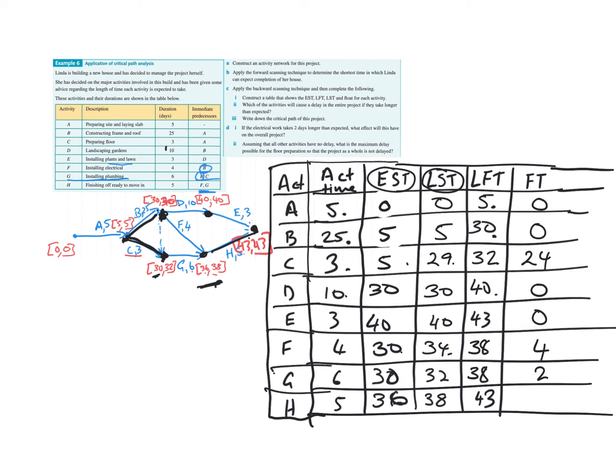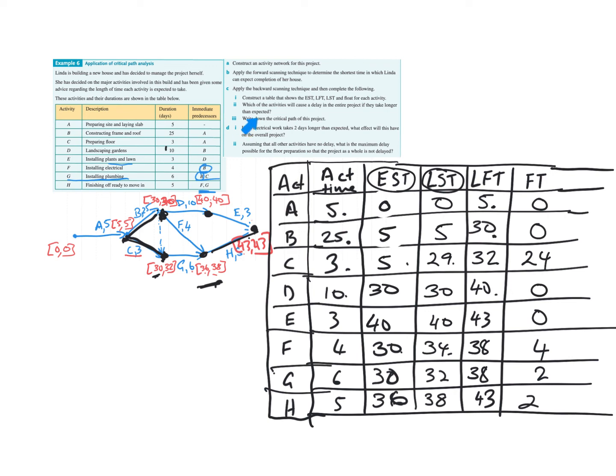And H, 43, 38, take 36, which is 2. All right, so these are our float times. And you notice straight away that these float times, the zeros are the critical path. A, B, D, E, that's our critical path, and they've all got zeros next to them.